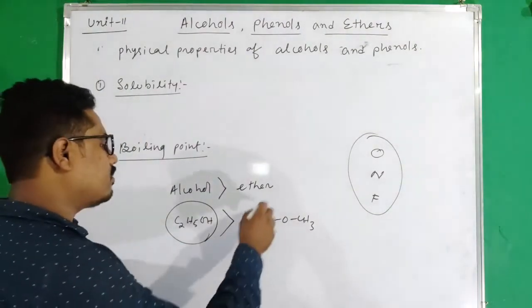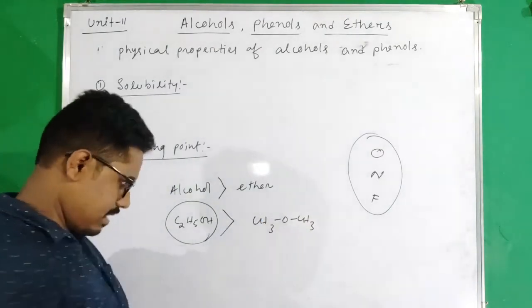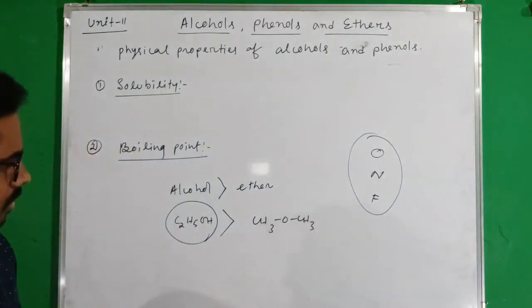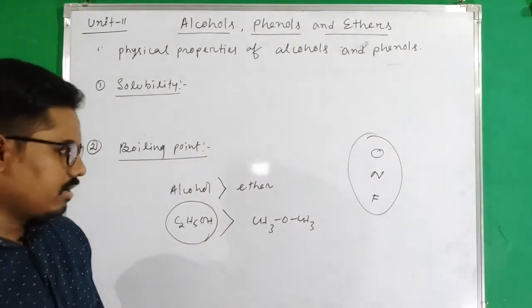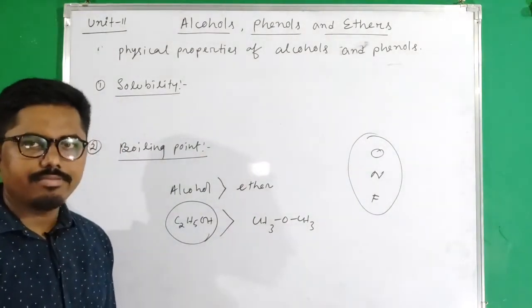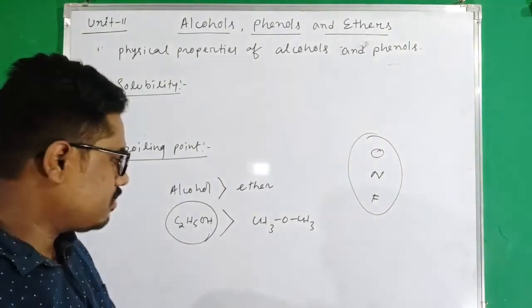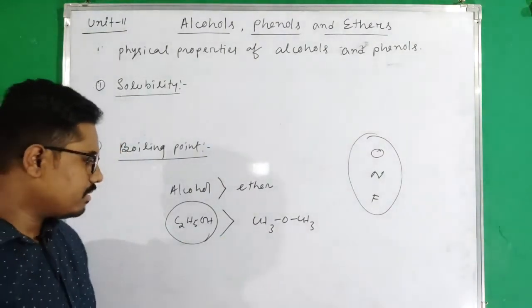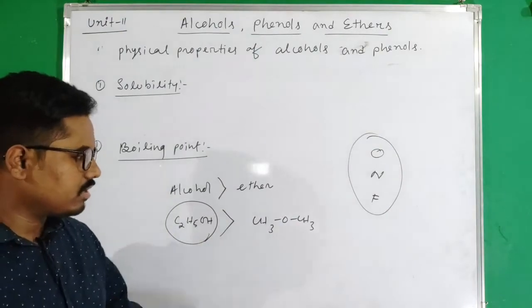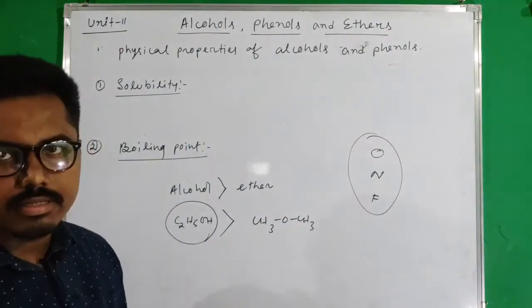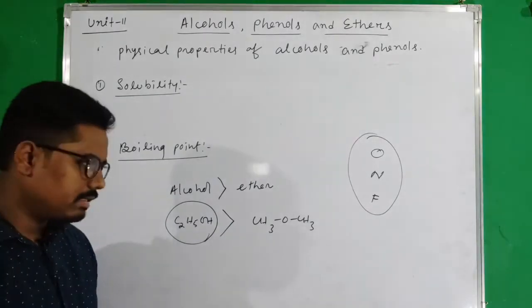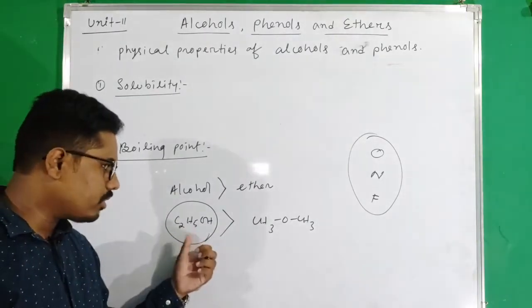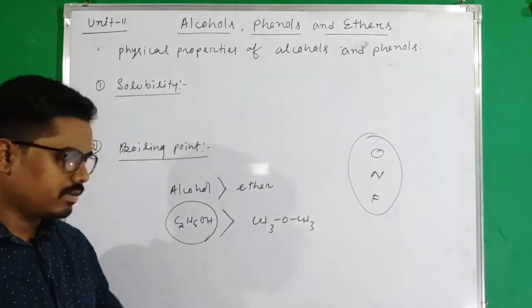Therefore in this case intermolecular hydrogen bonding is not present, and hence the boiling point of alcohols is higher than ethers of the same molecular mass. Both of them have the same number of carbon, hydrogen and oxygen atoms, so they have the same molecular mass, but the boiling point of alcohol is higher than ether.